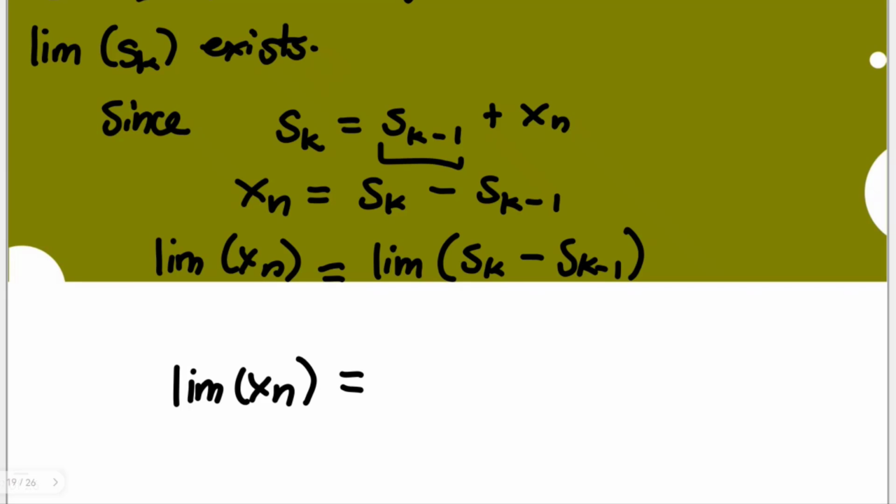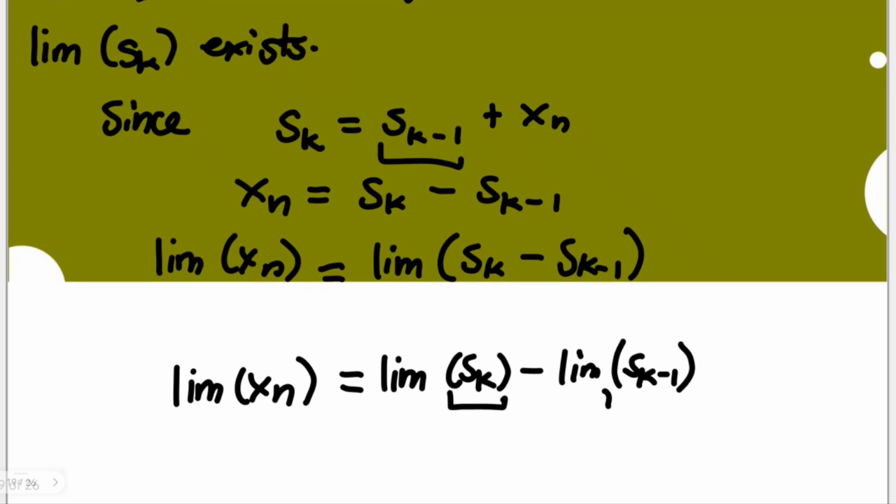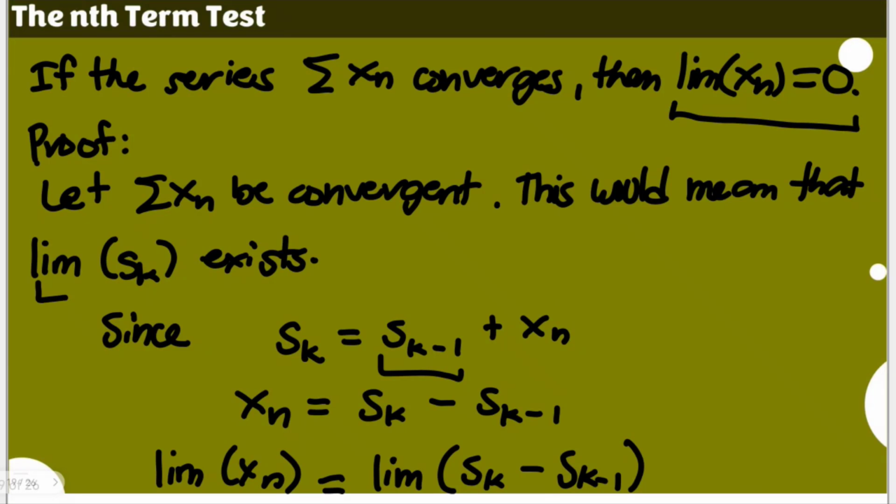Applying the limit laws, you have here the limit of s sub k minus the limit of s sub k minus 1. With this form now, take note that both of these are arbitrary partial sums, as we don't know the extent of k, and we are sure earlier that the limit of s sub k exists.